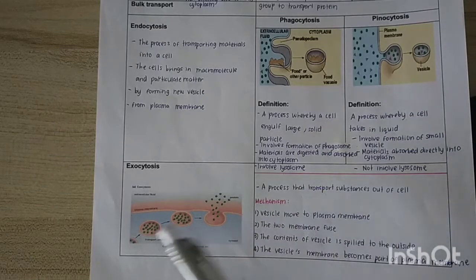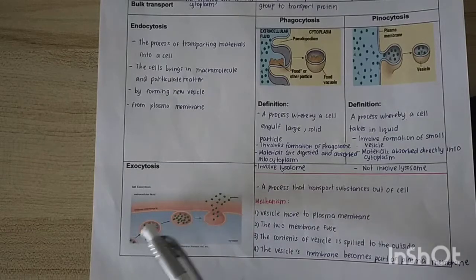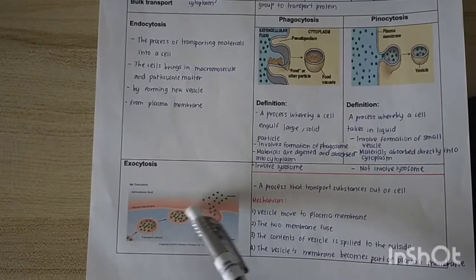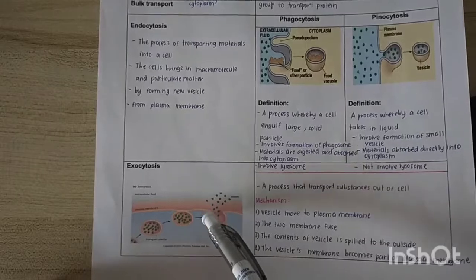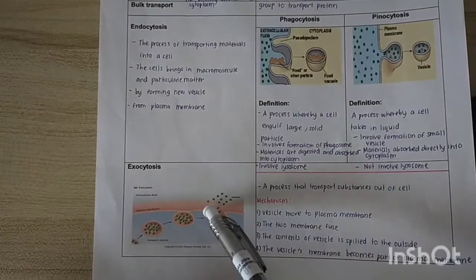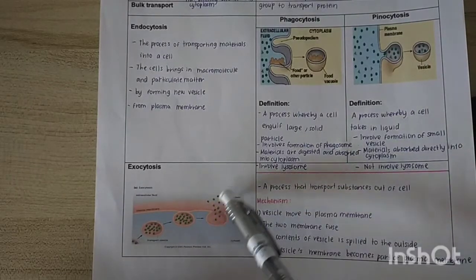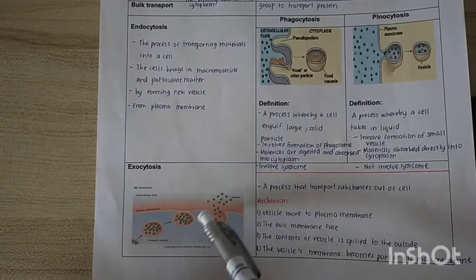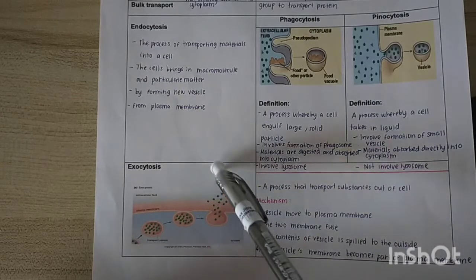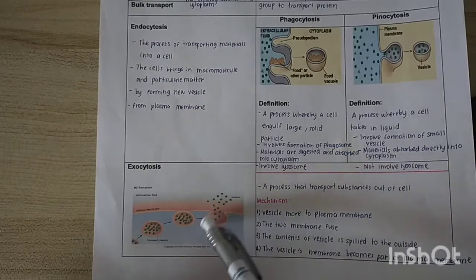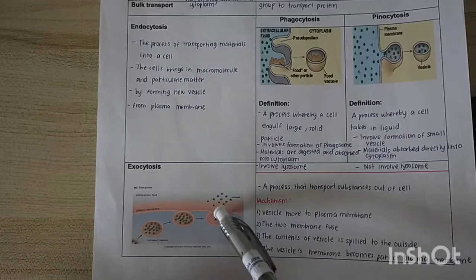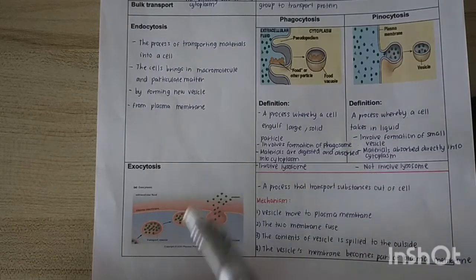So the mechanism: the vesicle will move to the plasma membrane. So let's say this is the vesicle. So what happened to the vesicle? It will move to the plasma membrane, and then the two membranes fuse. Means that the membrane of the vesicle will fuse with the plasma membrane. So the content of the vesicle is spilled to the outside. Spill tu maksudnya, what happened to the content of the vesicle, it will be secreted out.